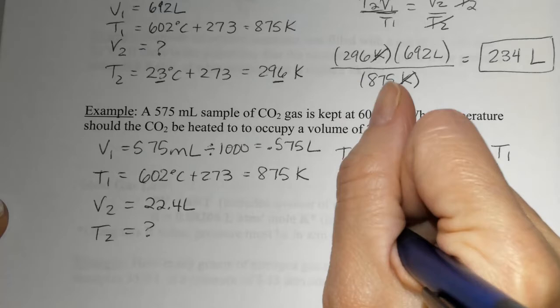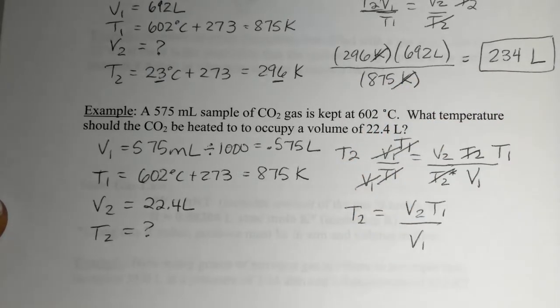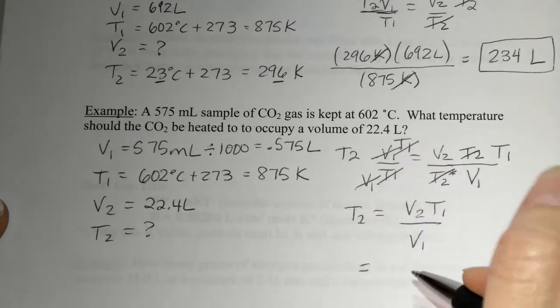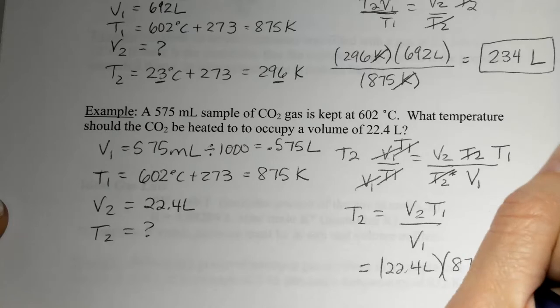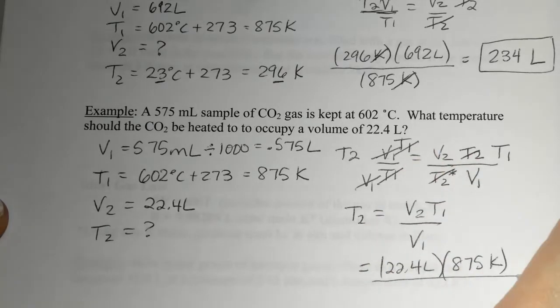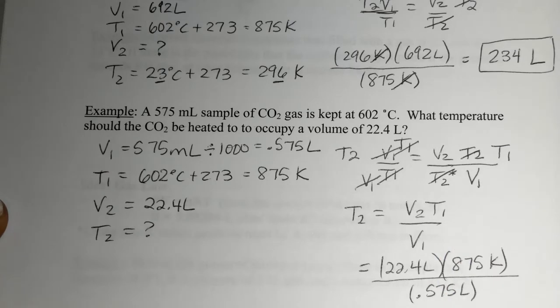So what I end up with here is T2 is equal to V2 times T1 divided by V1. All right, so V2, 22.4 liters, T1, 875 Kelvin, divide by V1, 0.575 liters. And if we think about it, volume went way up, so temperature should be going way up as well.